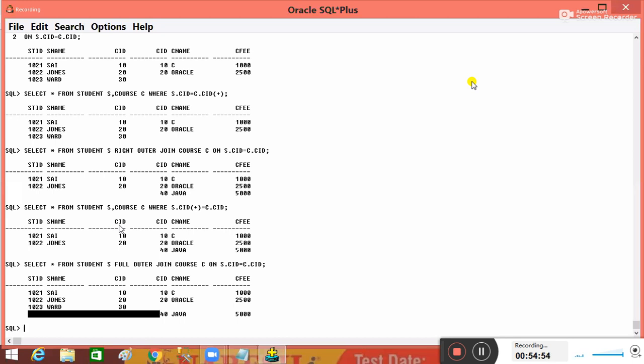Both sides plus, okay. So we are expecting both sides plus.